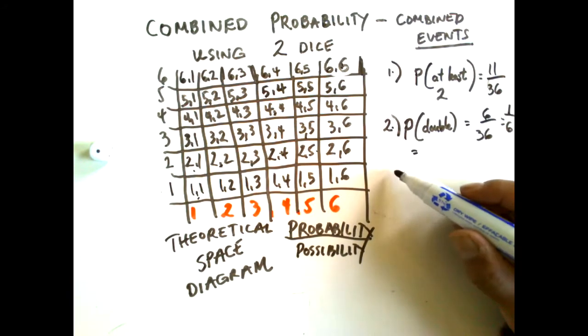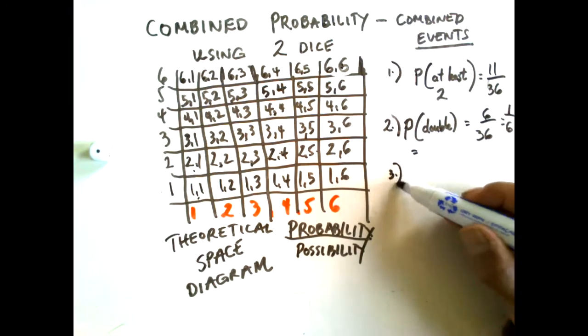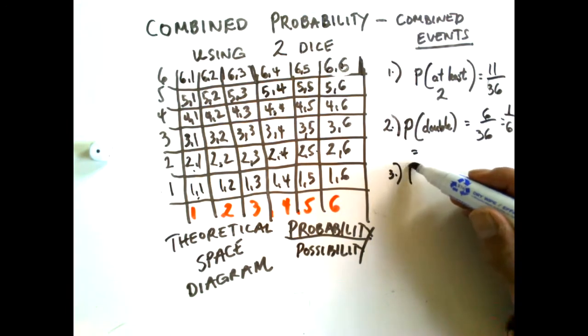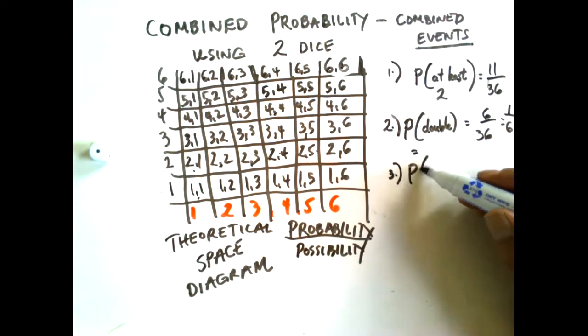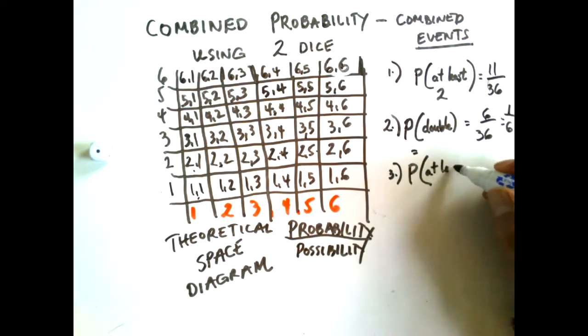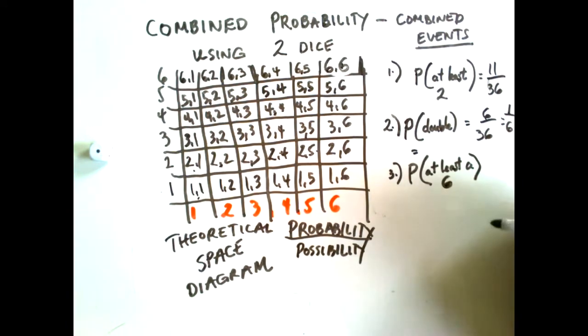I'll give you more homework. Here, what's the probability that at least a 6 would appear? There's always a 6.